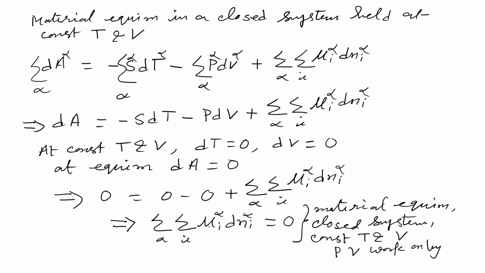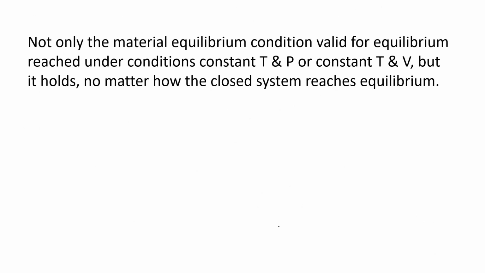Now I have derived this equation under the condition of material equilibrium, closed system and constant temperature and volume, PV work only. You see this equation is exactly the same as the earlier one, where it was material equilibrium, closed system, constant temperature and pressure, and PV work only. So the material equilibrium condition is valid for equilibrium reached at constant temperature and pressure and at constant temperature and volume, that we have already shown.